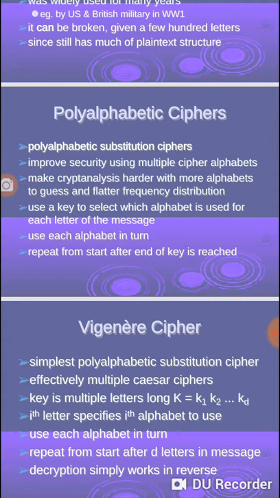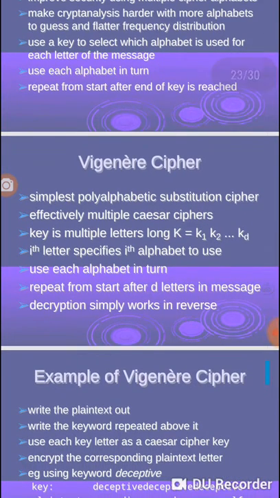It uses a key to select which alphabet is used for each letter of the message. It uses each alphabet in turn, and repeats from the start after the end of the key is reached.